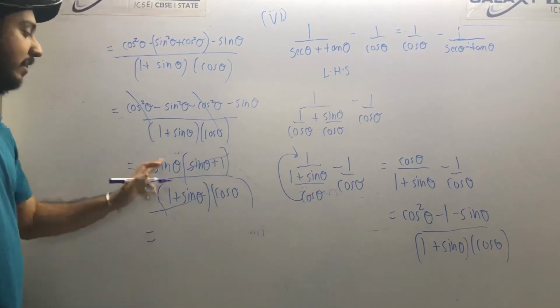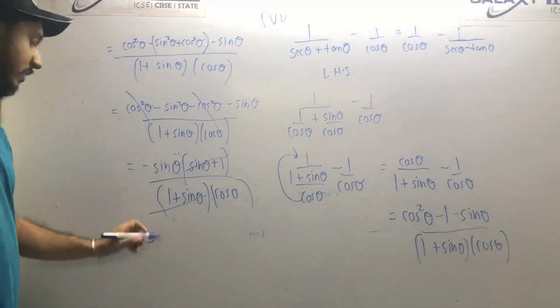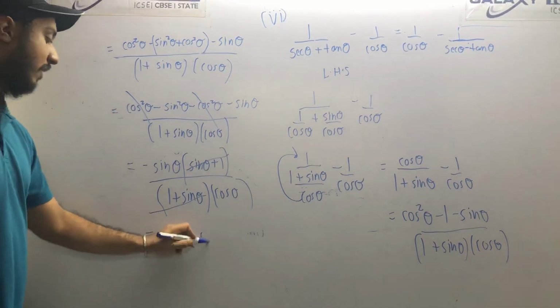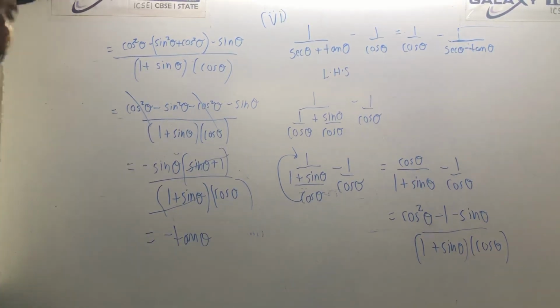So minus sine theta upon cos theta, that is minus tan theta. Okay. So left hand side comes out to be minus tan theta.